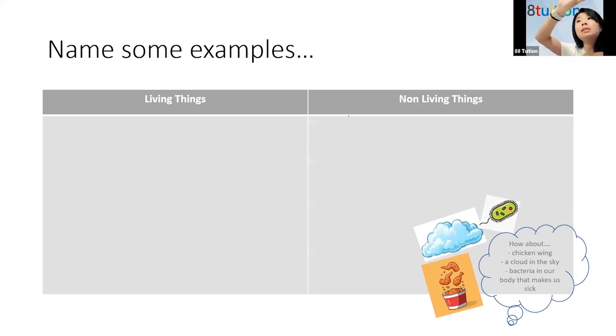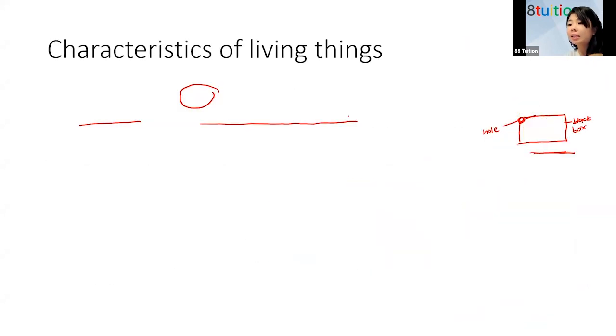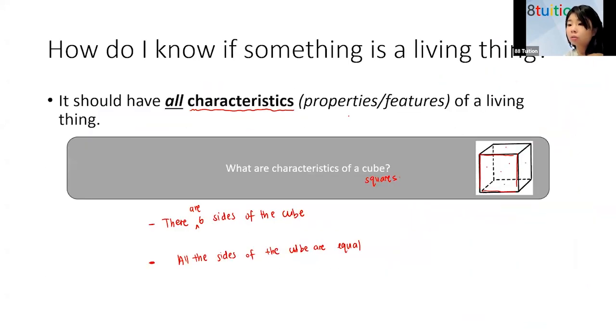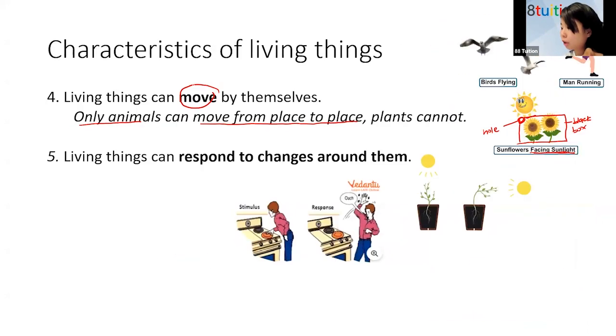Yeah. So although you see it move, right? If you recall, a living thing needs to have all the characteristics of a living thing, all 6 characteristics. So even if it has only one, it is not considered a living thing. Do you understand, Saktivi? Okay, so a cloud is not.